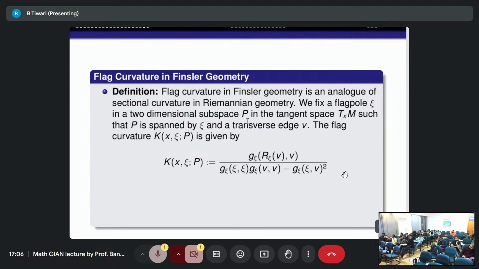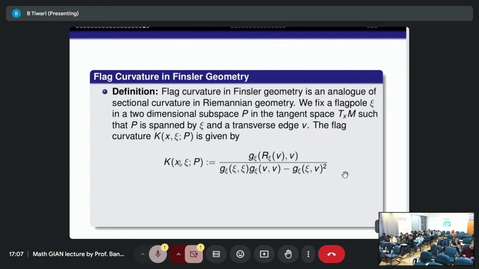So it is called the flag curvature at a point x in the direction of ξ. If you fix a flag pole ξ and a two-dimensional subspace P in the tangent space T_xM, and I take V as a transverse edge, that is, ξ and V span the subspace P, then the flag curvature is given by this formula. It has exactly the same formula as in Riemannian geometry.